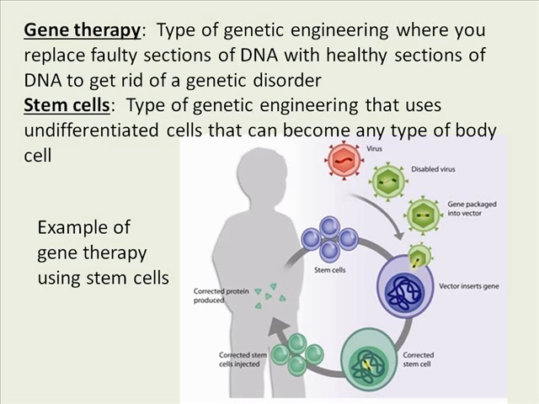They're just kind of in limbo. And what we're using stem cells for is to trigger them to become a certain type of body cell to replace faulty cells that you may have. Now, this picture actually sums them both up together by using stem cells for gene therapy.